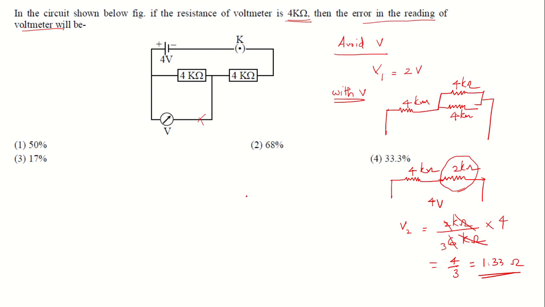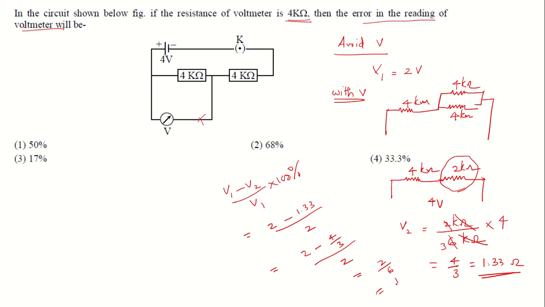So what is the percentage change? That is simply V1 minus V2 by V1 into 100 percent, which is the percentage of accuracy. So 2 volt minus 1.33, divided by 2. With 1.33 as 4 by 3, we have 3 into 2, 6, then 6 minus 4 is 2, so 2 by 6.